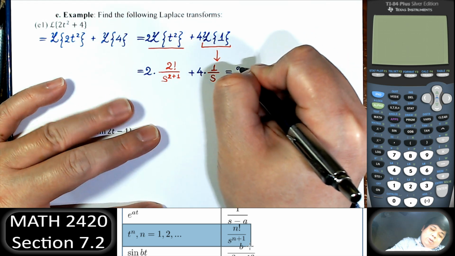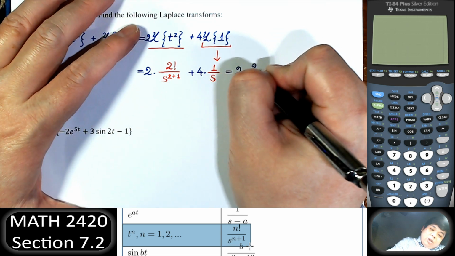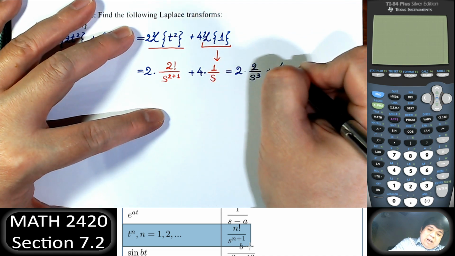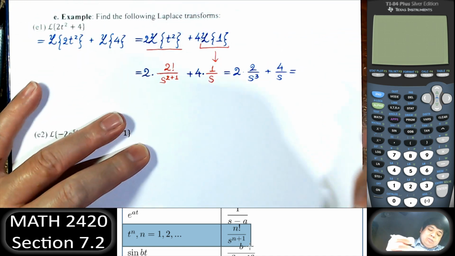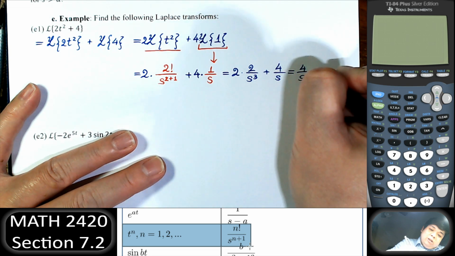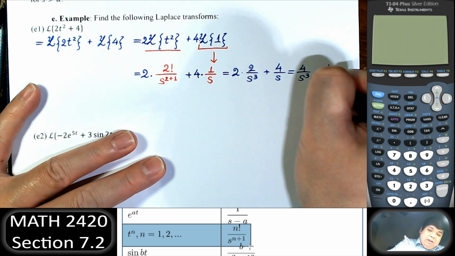So we have 2, since 2 factorial is 2, over s cubed. And that's just 4 over s cubed, 2 times 2 is 4. And that's all we have.